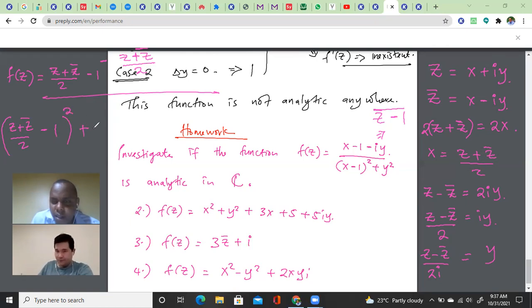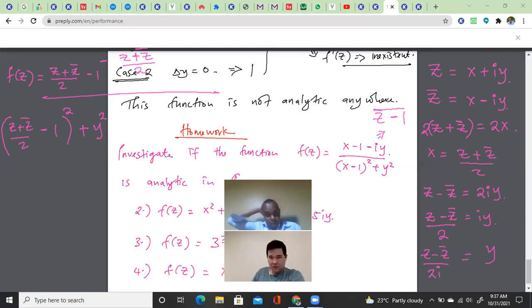And then plus y squared, which is z minus z bar over 2i, squared, like that. Oh, okay, yes.